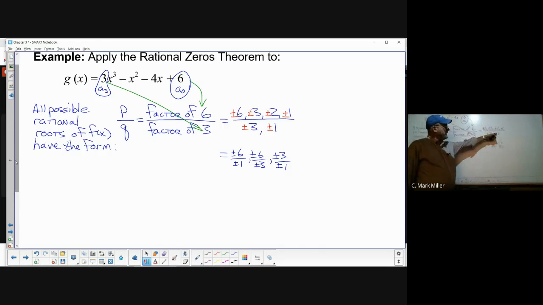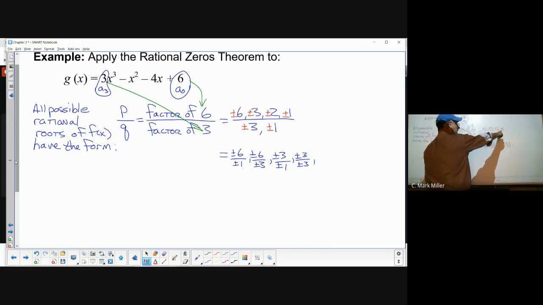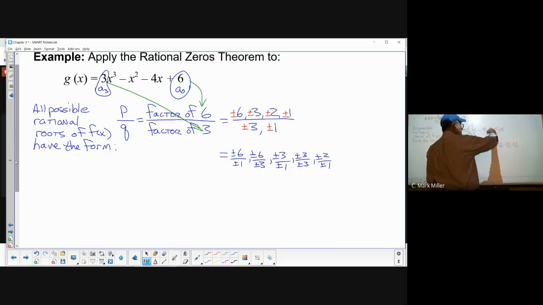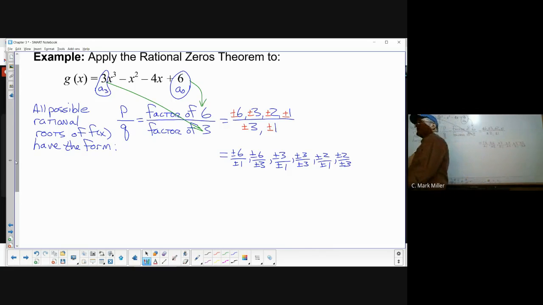Plus or minus 3 divided by plus or minus 3. Plus or minus 2 divided by plus or minus 1. Plus or minus 2 divided by plus or minus 3. I'll slow up for a second so those who want to can catch up.